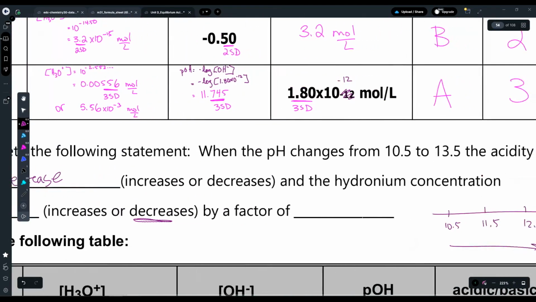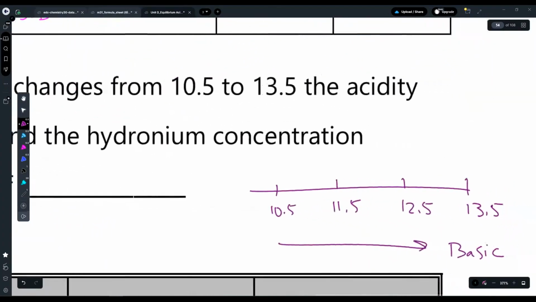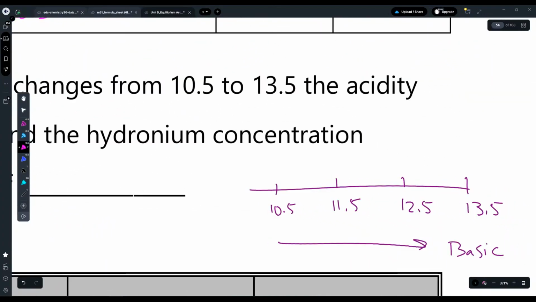Okay, now by a factor of how much, you're going to figure that out by counting how many spots or how many units you're moving over. So 1, 2, 3. With a scale such as pH, it's a logarithmic scale.